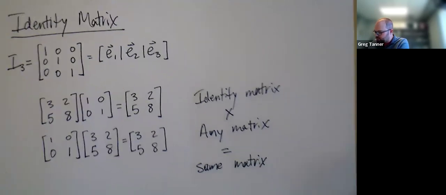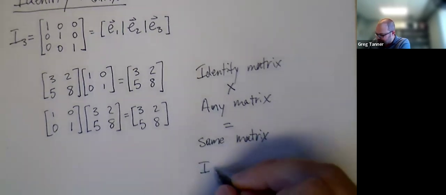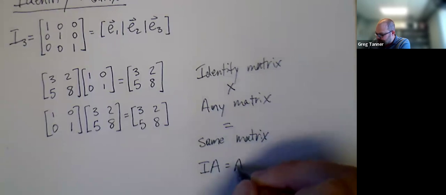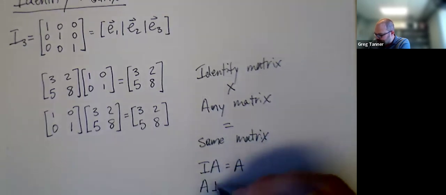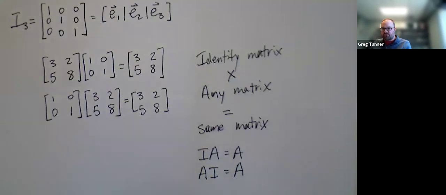Or writing that in matrix notation, I times A equals A, or A times I equals A. So I can multiply on the left or on the right by the identity matrix, and I'll get the same thing back out.